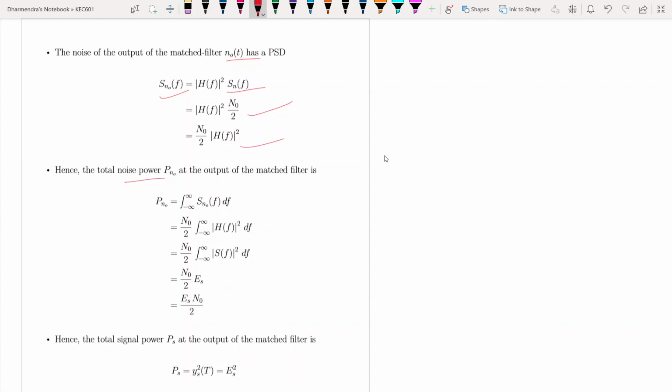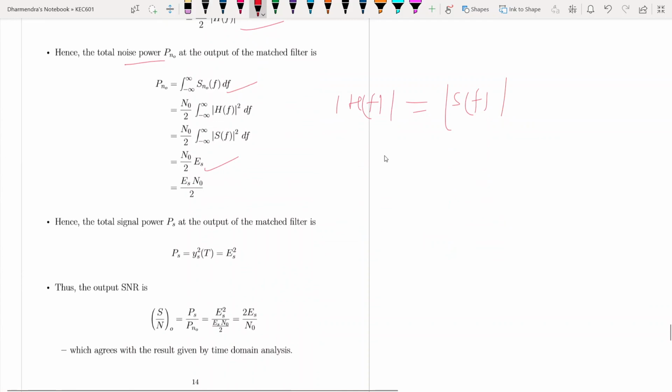From the PSD we can calculate the noise power. PSD is the Fourier transform of the autocorrelation. So using Parseval's theorem, I can calculate the power from the PSD like this. Substitute S naught of f, and we know that the absolute magnitude response of H is identical to the magnitude response of the transmitted signal. Substitute this.